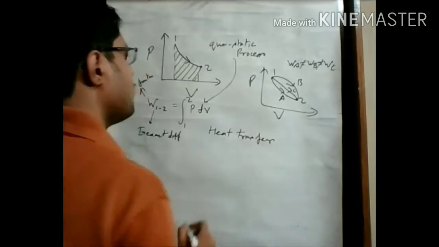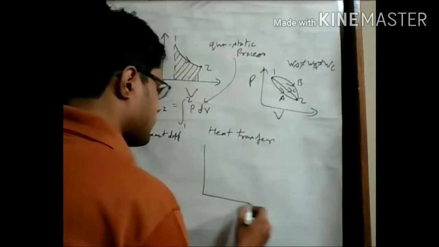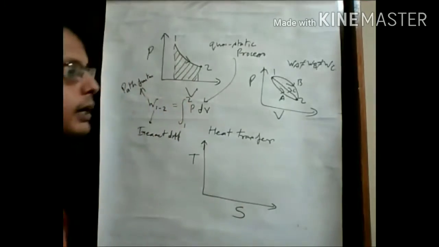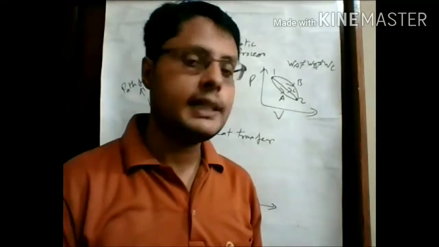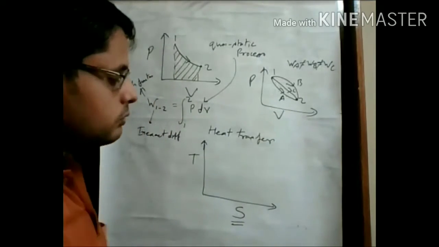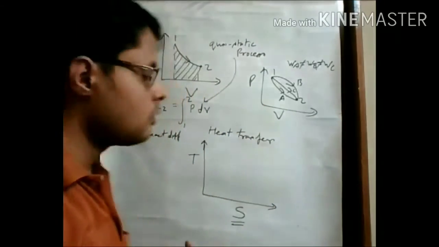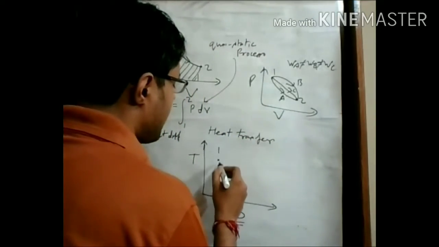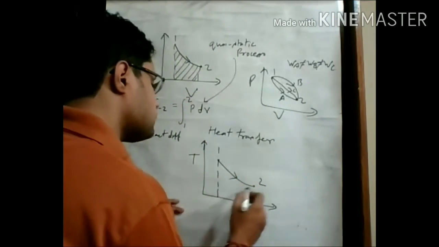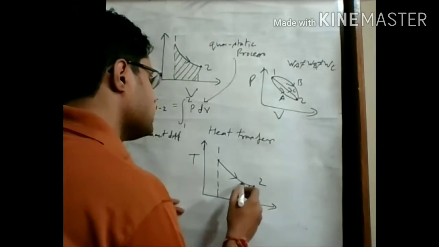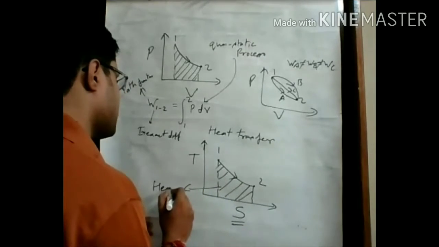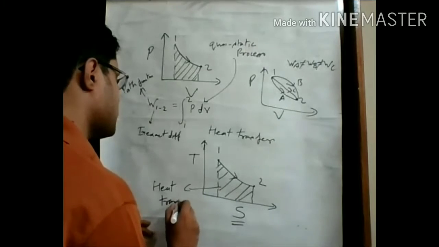If we plot a temperature-entropy diagram, a term we discuss in the 6th chapter, for a particular process happening from 1 to 2 through this path, and we calculate the area under this curve, then we get the heat transfer, like work transfer.